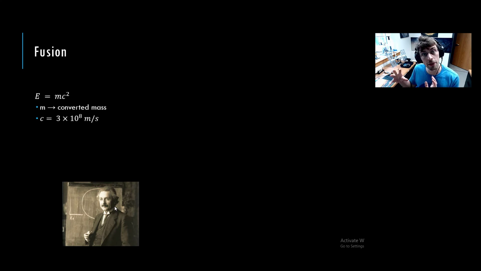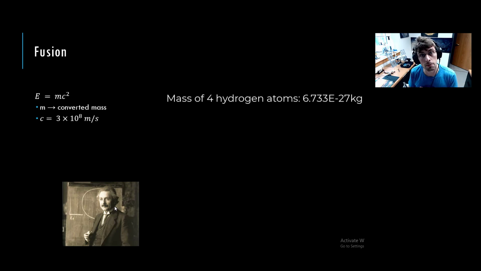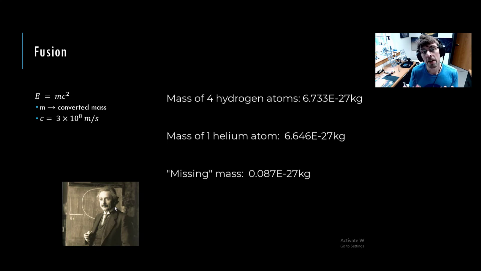If we compare the mass of the hydrogen atoms that go into the fusion process, and we look at the mass of the helium atom that comes out, we'll find that there is a slight difference between those two masses. Now, where did that extra mass go? Where did that material go?